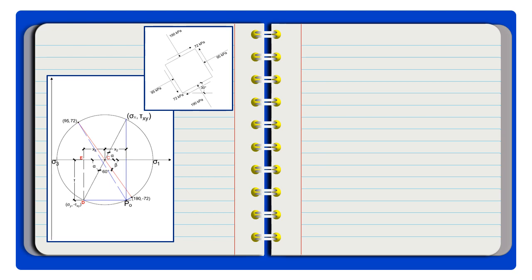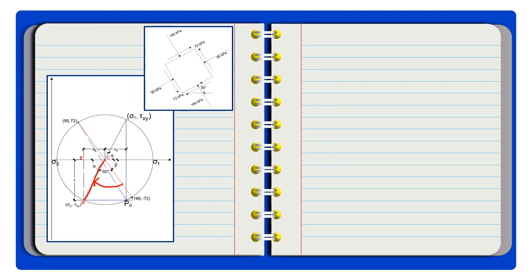So, ibig sabihin, rotate natin siya clockwise, then you will have a 60-degree angle na reference rotation or angle of rotation. So, this 60-degree angle now will be located on this part. So, yung radius natin, inilipat natin on a 60-degree basis.